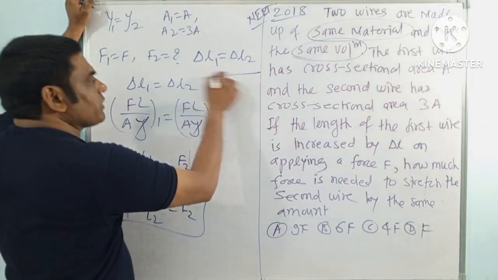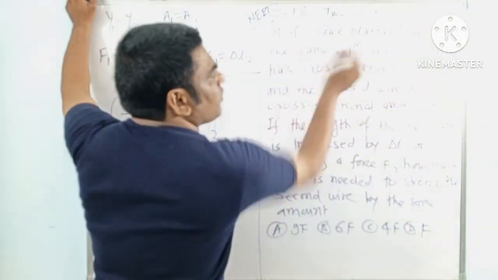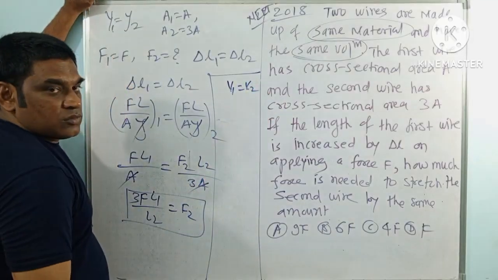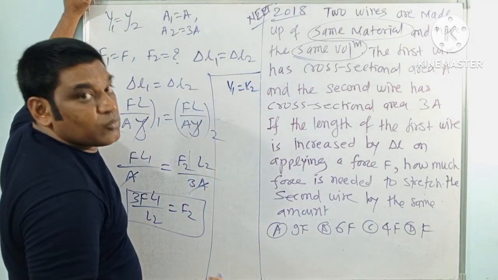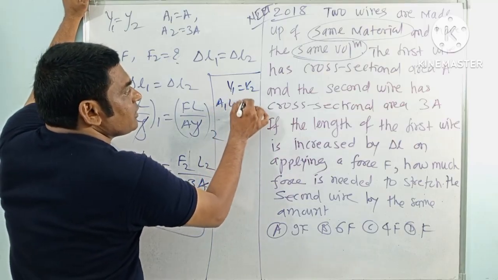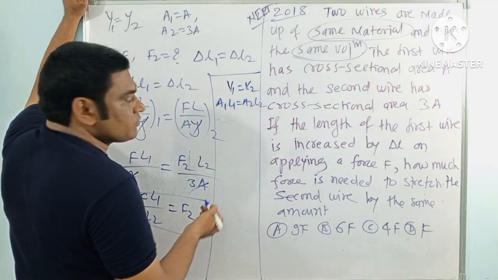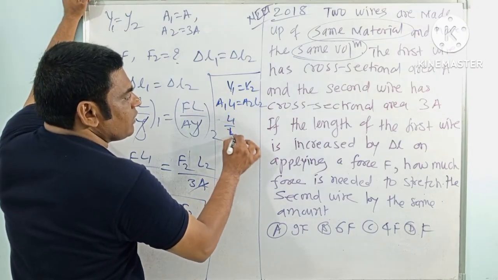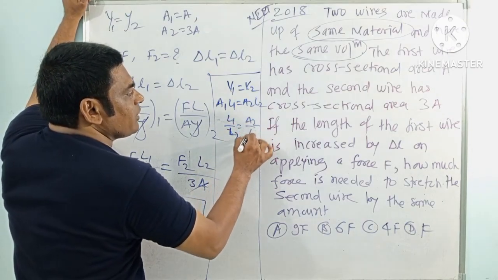So for that purpose, what can we do? Same volume is given, no? So V1 is equal to V2. How to calculate volume? Area into length. So A1 L1 is equal to A2 L2. So L1 by L2 is equal to A2 by A1.